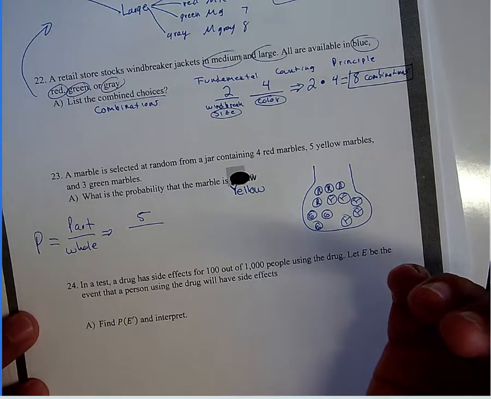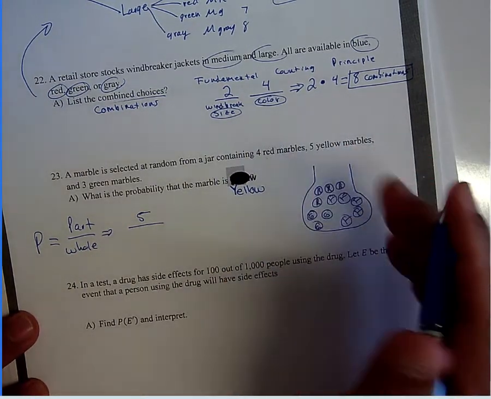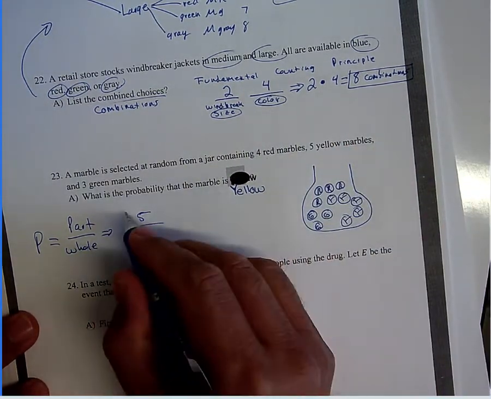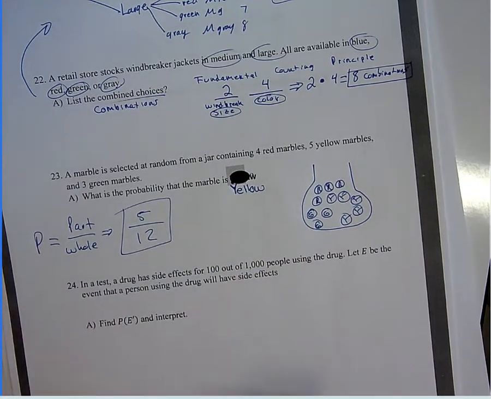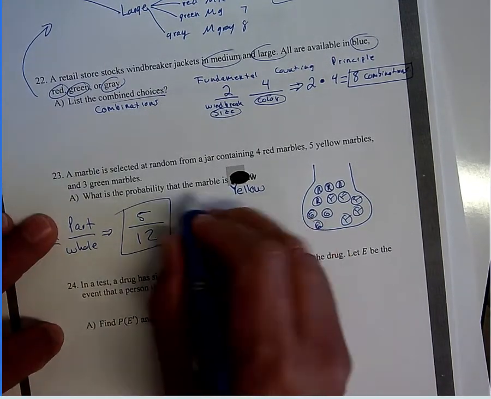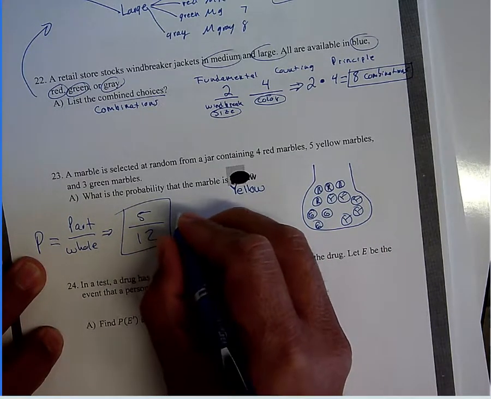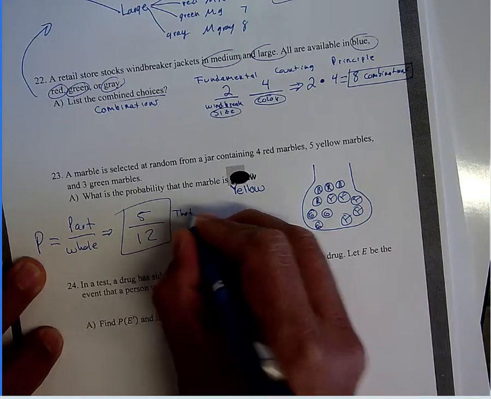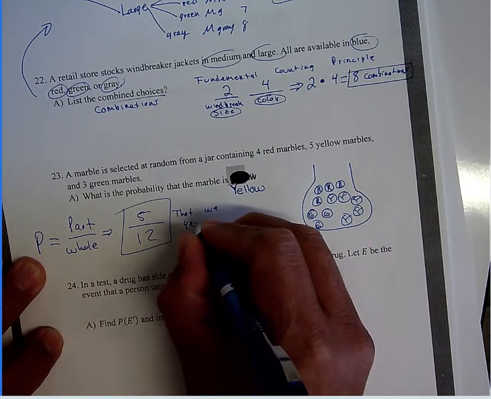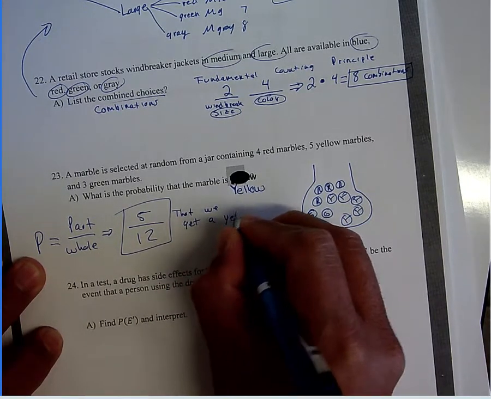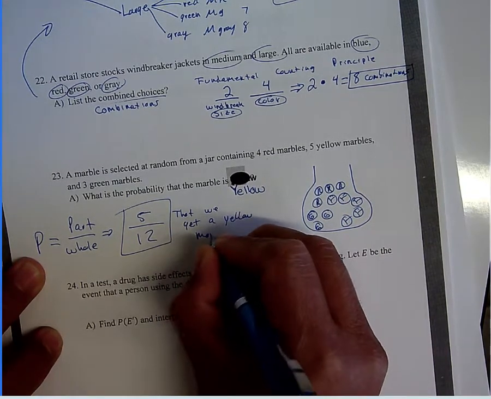How many are in total? The whole thing would have 12. And that would be the probability of that. 5 over 12 is the probability that it is yellow. 5 over 12 that we get a yellow marble.